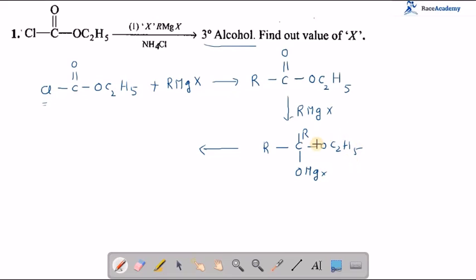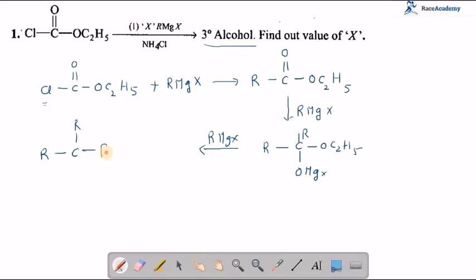This OC2H5 also will get replaced by another RMgX, so OC2H5 will become R only.